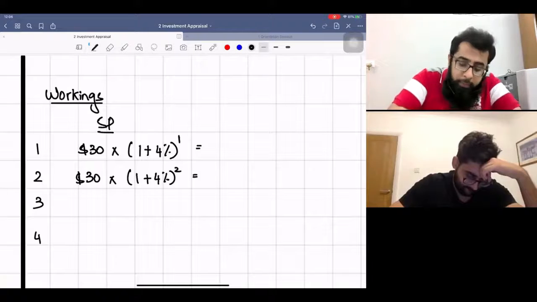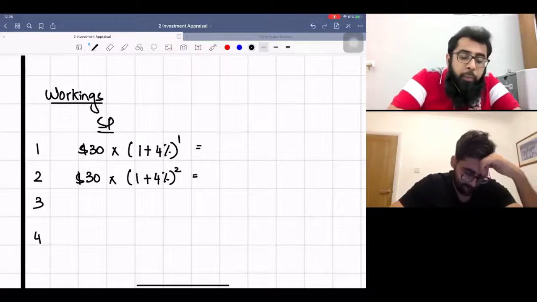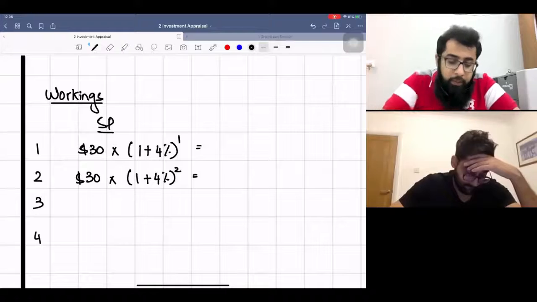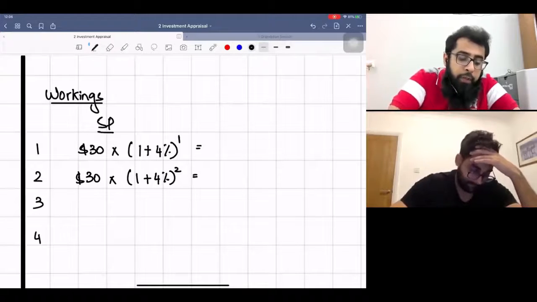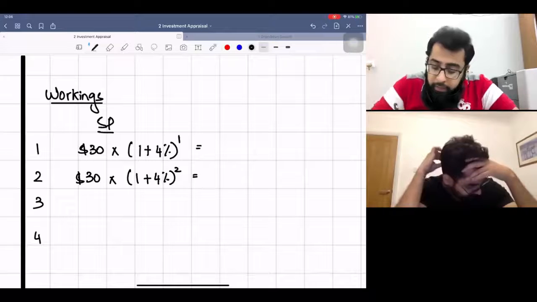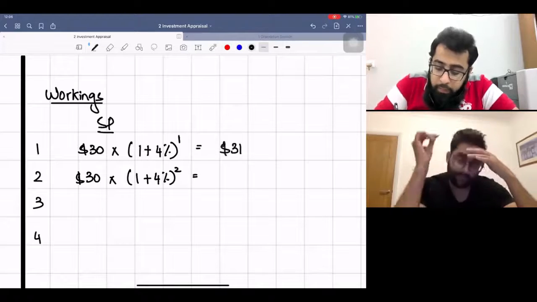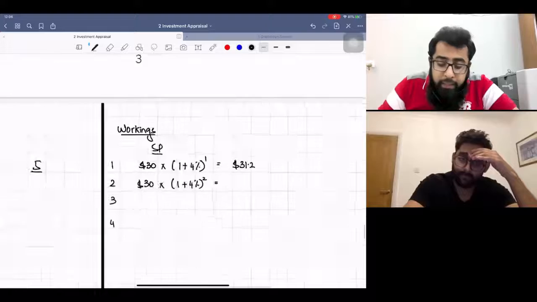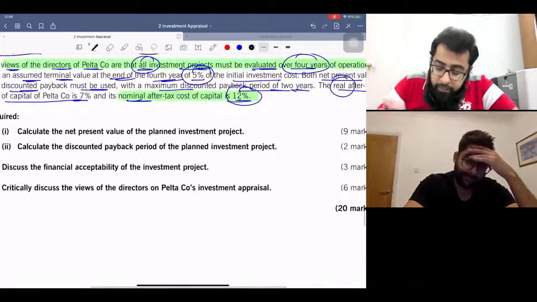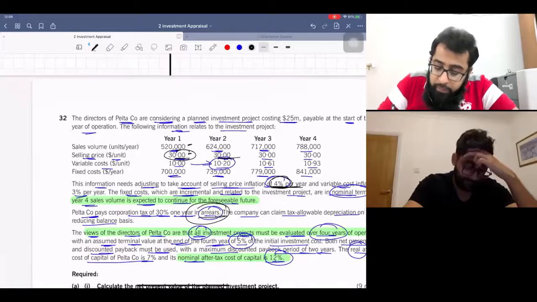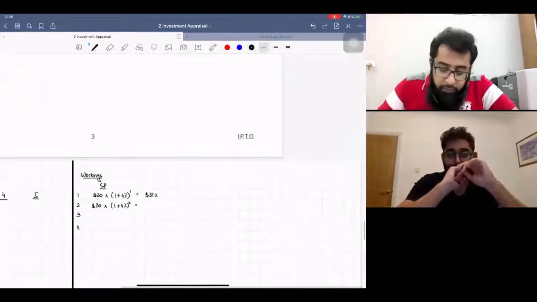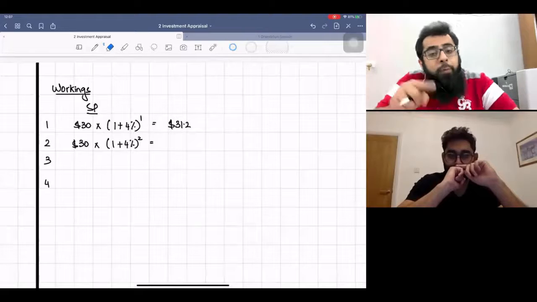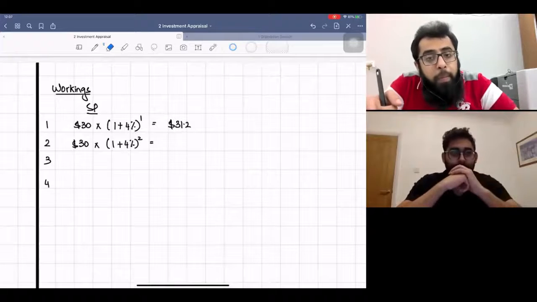For example, you can simply do 30 into 1.04, so this will give me 31.2. In selling price, as each year the selling price is 30, 30, 30, 30, you can do it this way also: you inflate it each year, like 31.2 into 1.04.